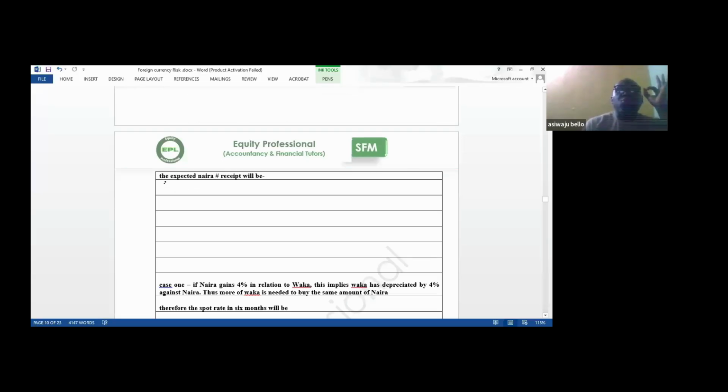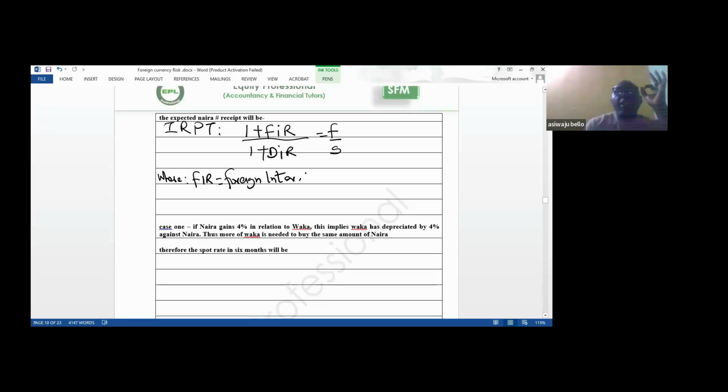The formula for the interest rate parity theory is 1 plus FIR over 1 plus DIR is equal to F over S, where FIR is the foreign interest rate and DIR is the domestic interest rate.